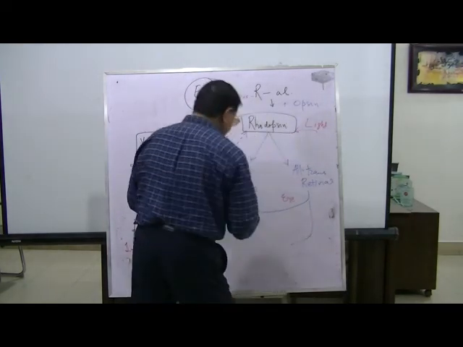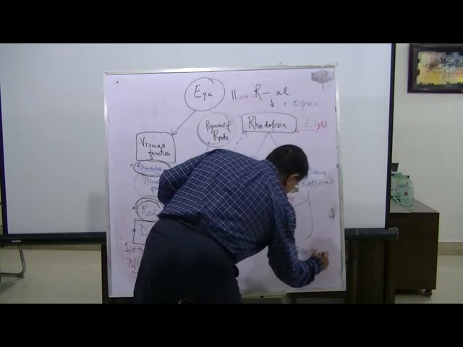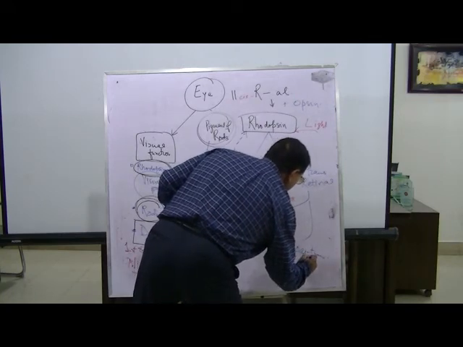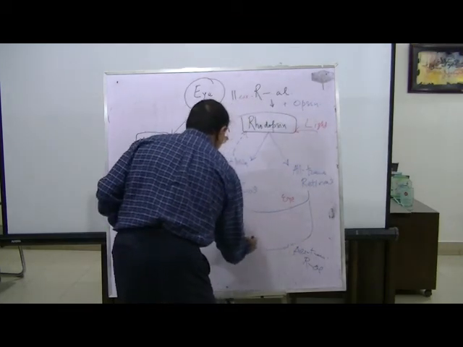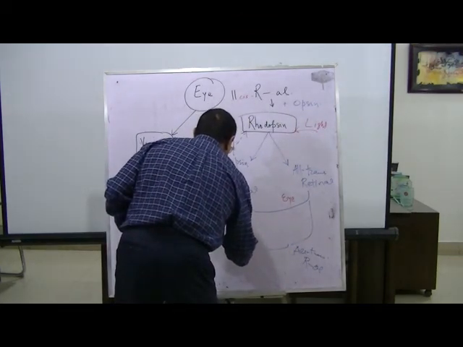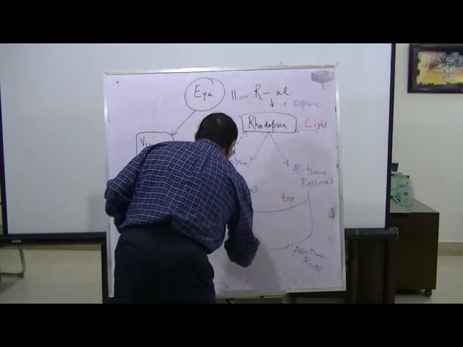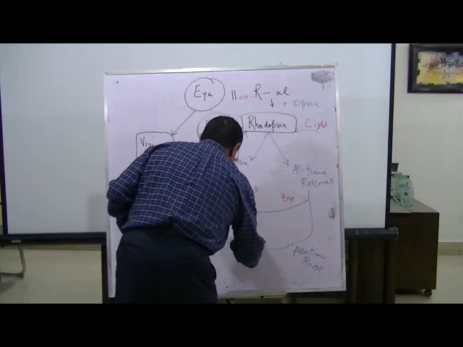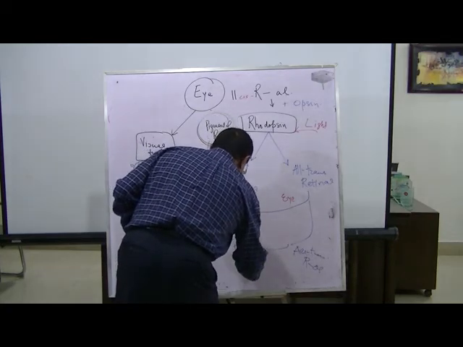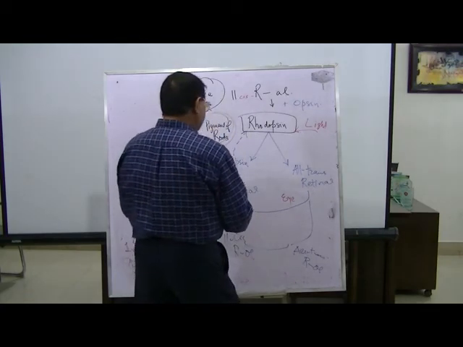But in the liver, it is converted into all trans retinol, and this one is converted to 11 cis retinol. This is in the liver.